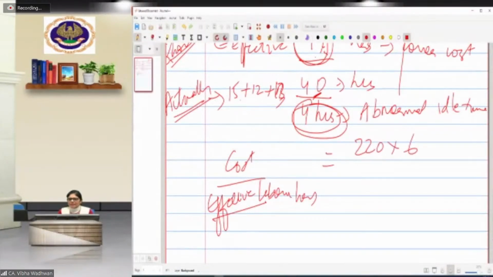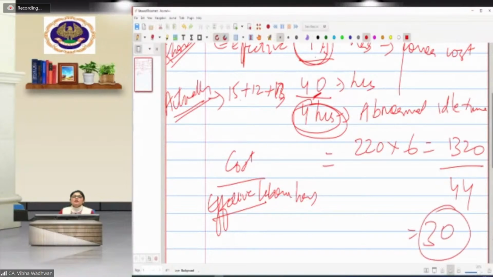So 220 into 6, the cost came out to 1320 and the effective hours were 44. Clear? So how much is the rate per hour? 30. So 30 is the normal labor cost per hour. Here, we never take into account the abnormal idle time cost into it.